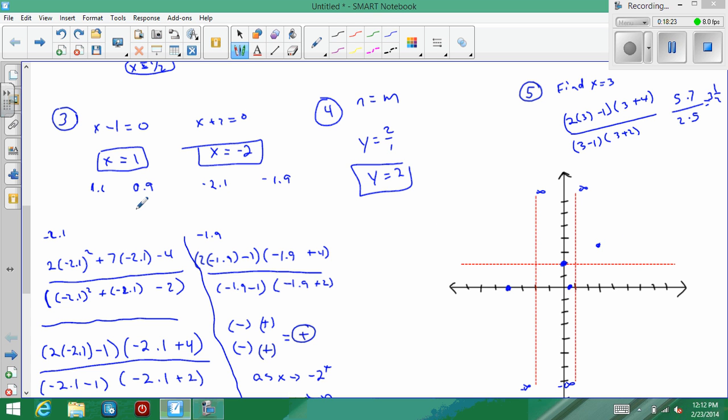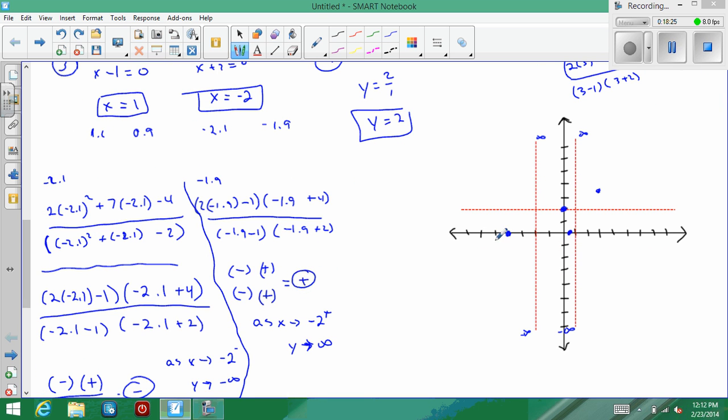Okay, so now when I look at my graph here, I can see that my graph is going to be down below the horizontal asymptote, because not only am I going through a point below the asymptote, but as I get close to the vertical asymptote, I'm going to -infinity. So from this, I really do have enough information to give myself an idea that this graph is going down like that. Okay?